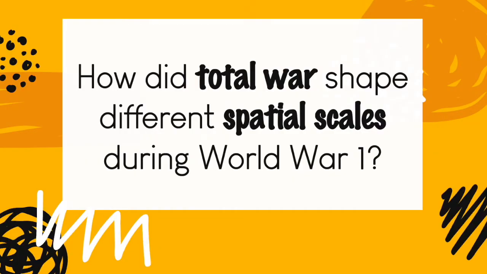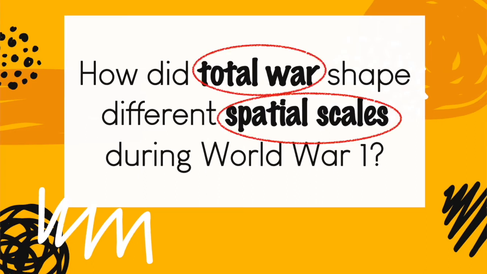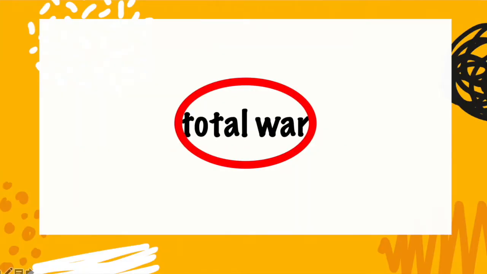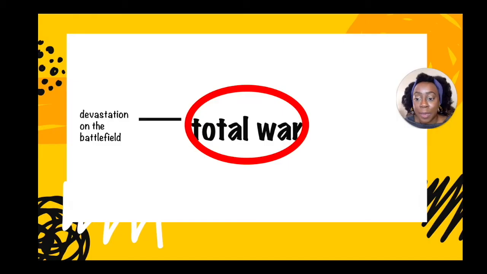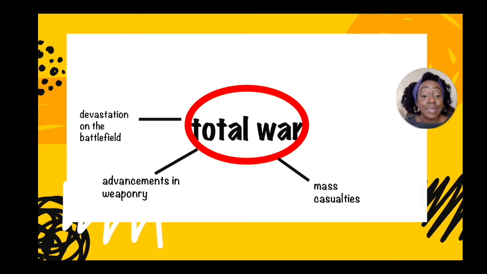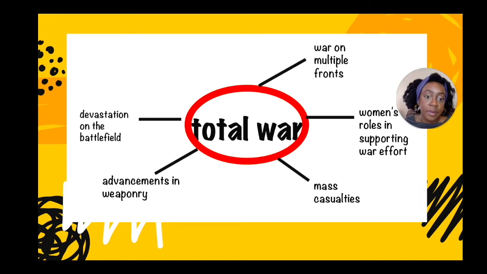Let's look at the question again. How did total war shape different spatial scales during World War I? So we want to start here with total war. So when you hear total war, you think of devastation on the battlefield, advancements in weaponry, mass casualties, and women's roles in supporting the war effort and war on multiple fronts.